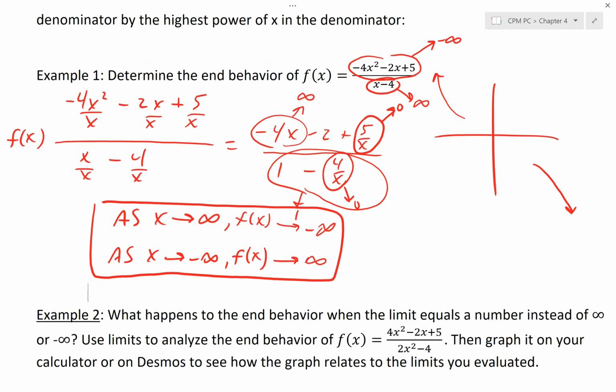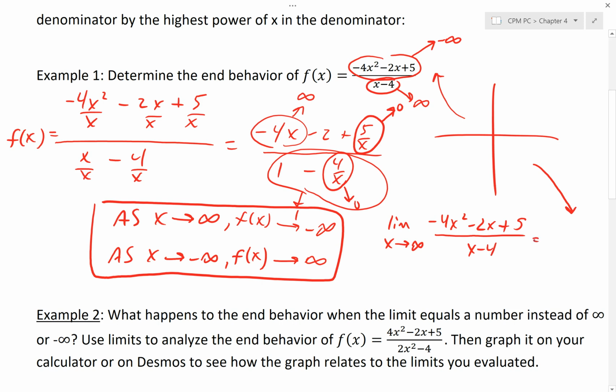Okay, so the formal mathematical way to write this out, when I said we're letting x approach a really, really large number, when we do the right-hand behavior, we're looking at the limit as x approaches infinity of negative 4x squared minus 2x plus 5 over x minus 4 in the bottom.